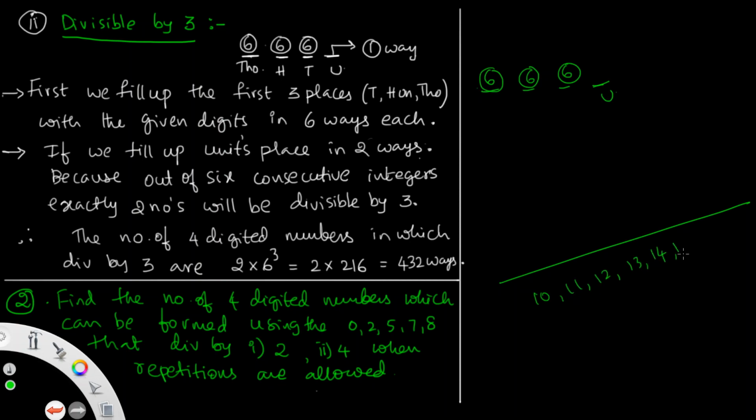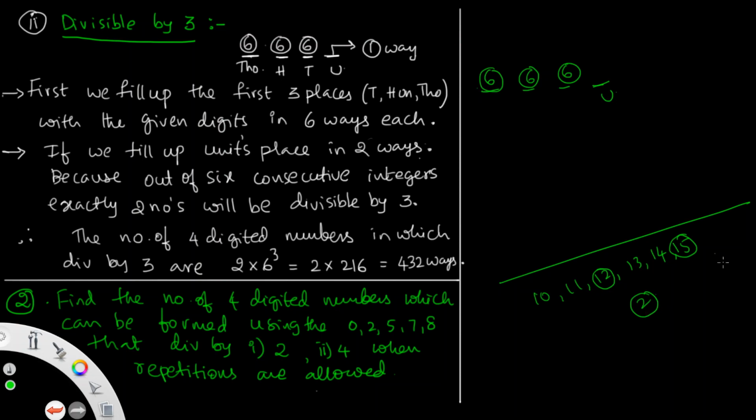How many numbers? 6 consecutive integers. In this, for divisibility by 3 you can get 12 and 15. These two numbers will always be divisible by 3.